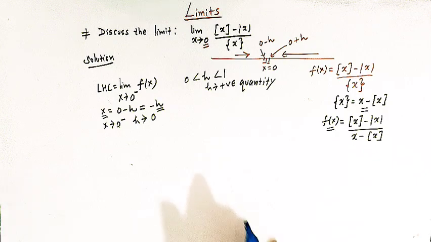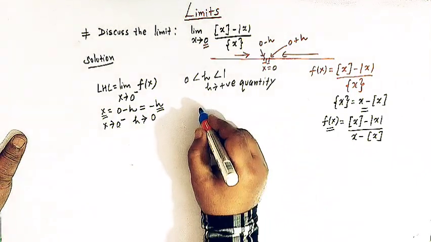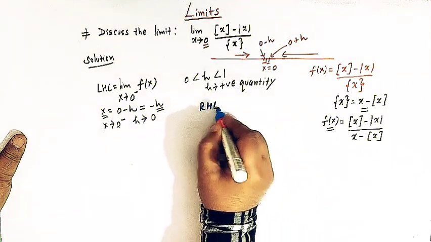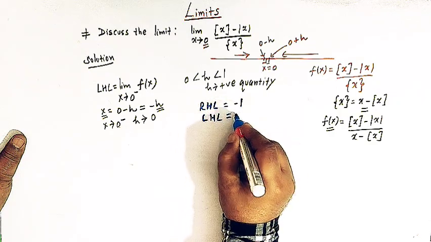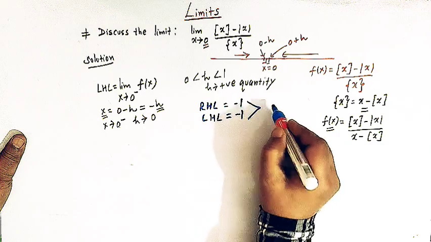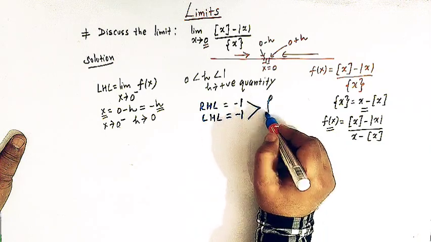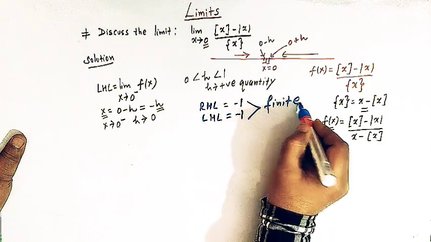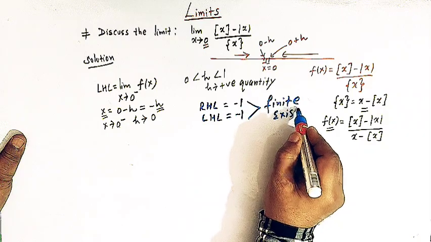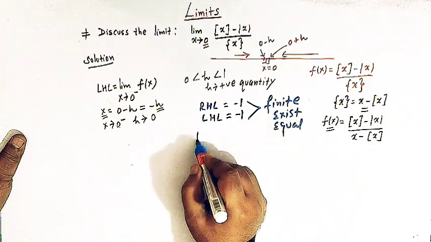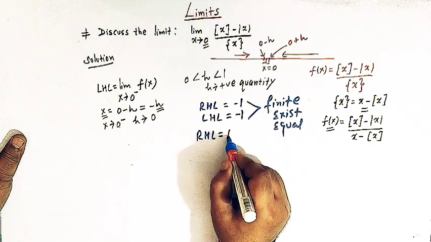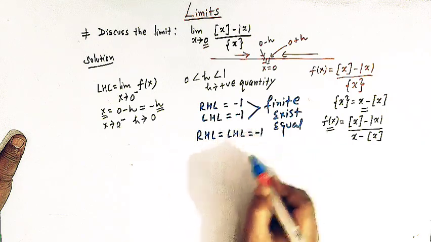So viewers, from this discussion, we have seen that the right hand limit is equal to minus 1, the left hand limit is also equal to minus 1, and both these limits are finite and they exist, and moreover, they are equal, right? So the right hand limit is equal to the left hand limit, that is equal to minus 1.